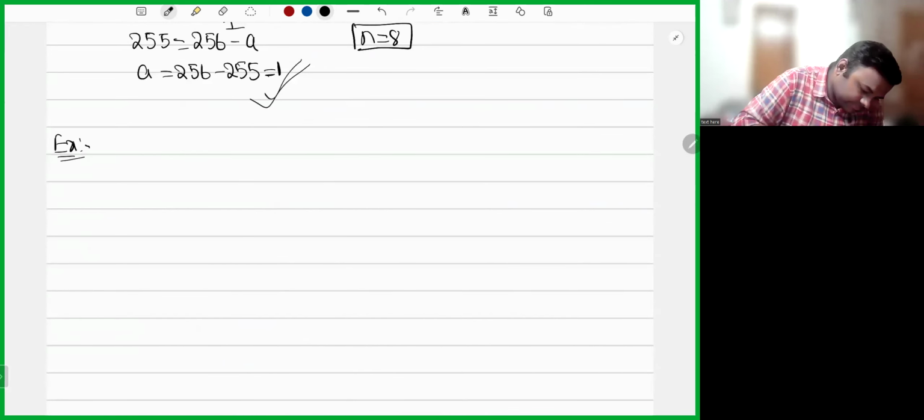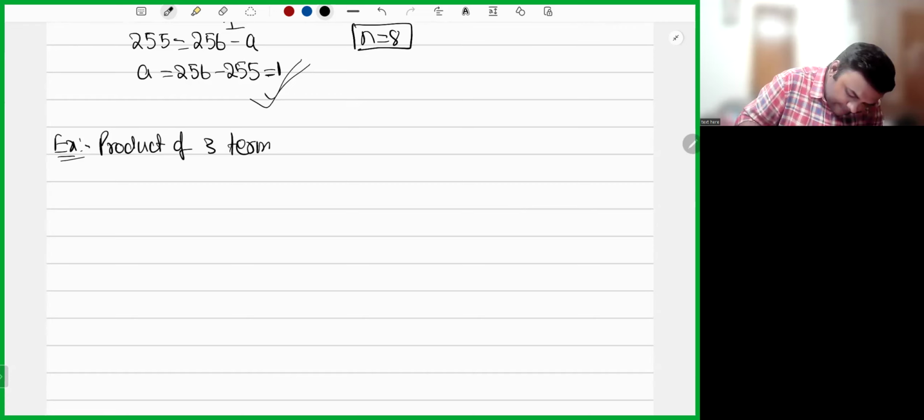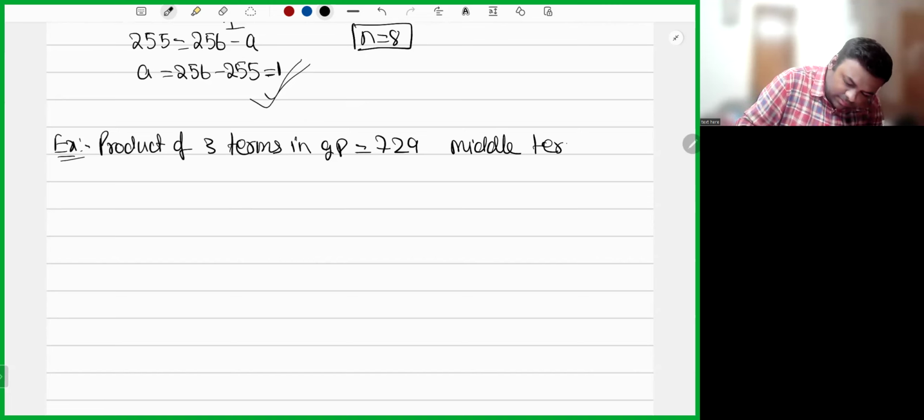Example. I am telling the product of 3 terms in GP is equal to 729. I am asking what is the middle term.